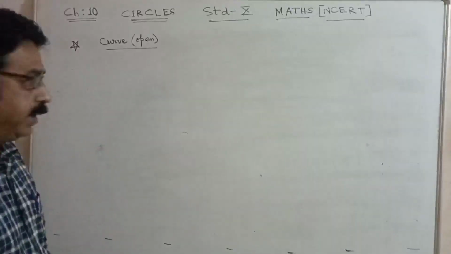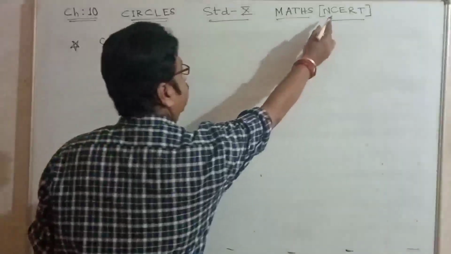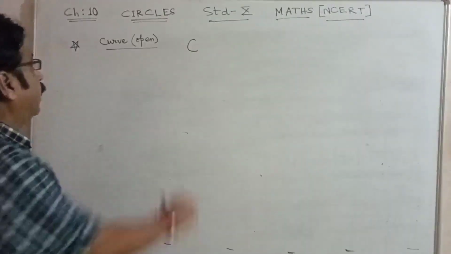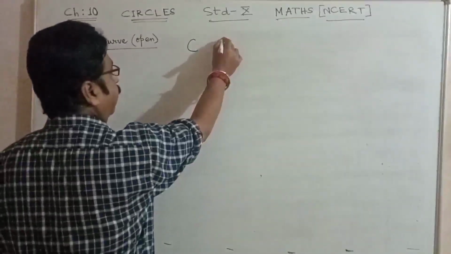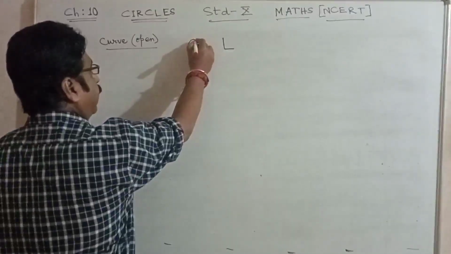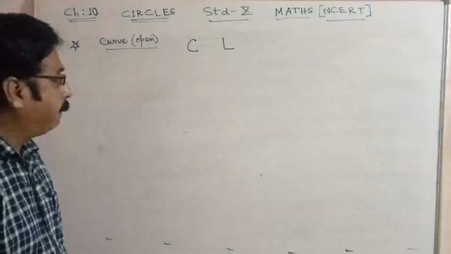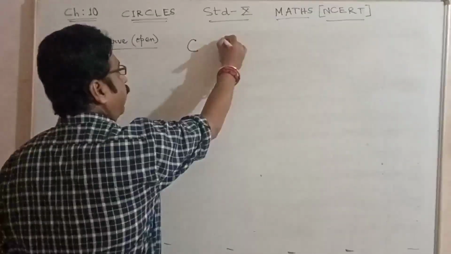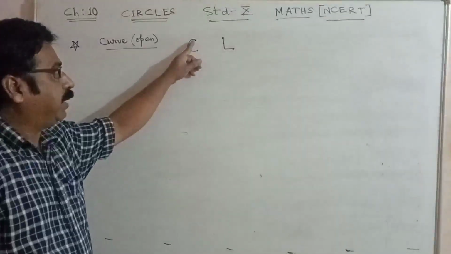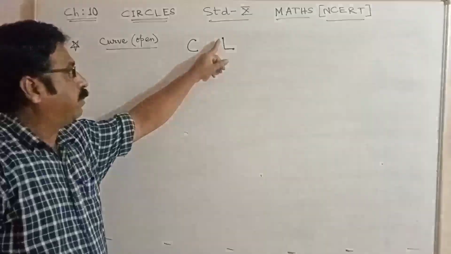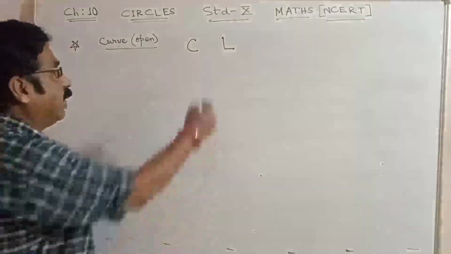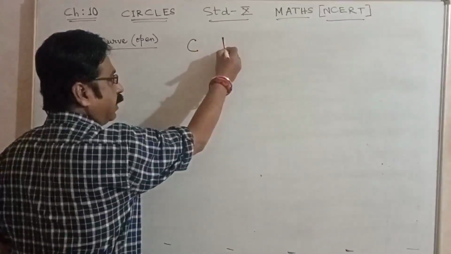A curve which is open. Suppose C, this C is a curve which is open. This L is also a curve which is open. Open curves. And all these are located on a plane, that means plane of the board. And all these curves have two endpoints. This is one endpoint, this is another endpoint. For L, this is one endpoint, this is another endpoint. This is not the endpoint, because this curve is continuing like this way.